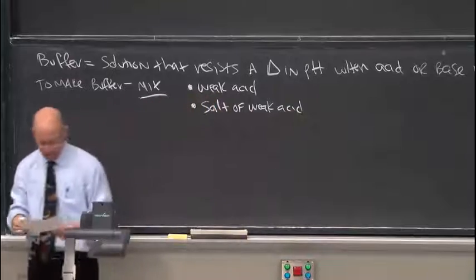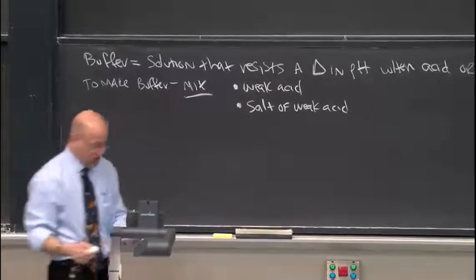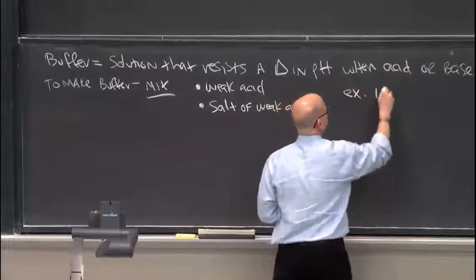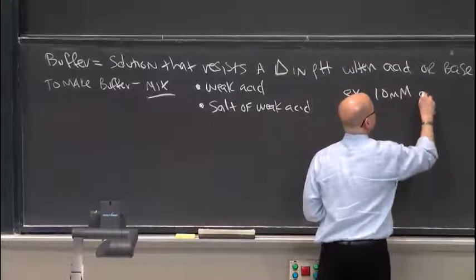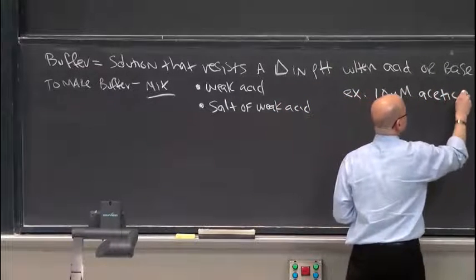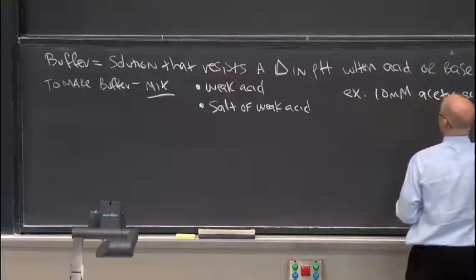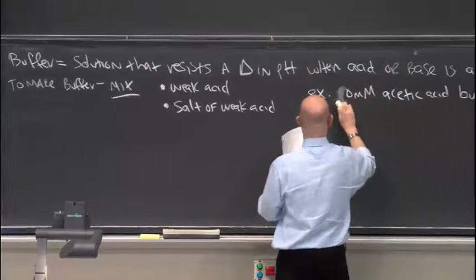As an example of this, let's make a solution of 10 millimolar acetic acid. Example, 10 millimolar acetate or acetic acid buffer. Okay? Sorry, I'm going to make it 20 millimolar.